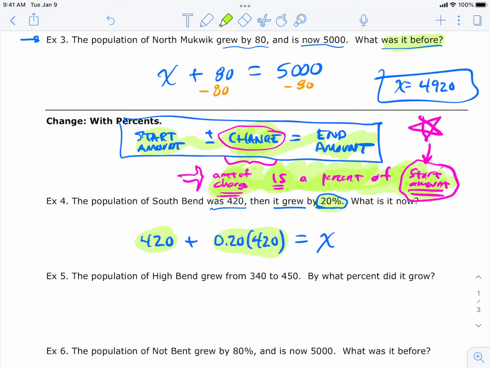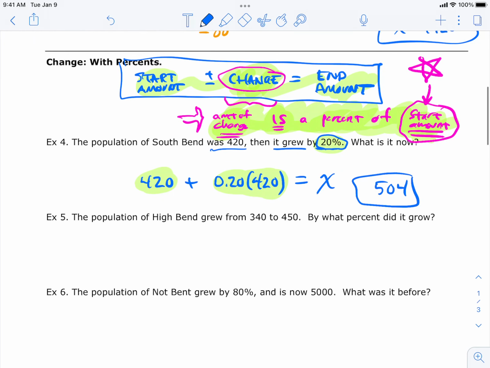So you can get out your calculator and just fly. I take the 420, hit the plus, hit the 0.2, hit the times, hit the 420 again, hit the equals, and I got 504. It was 420, it went up to 504. Okay, cool. That's one problem.